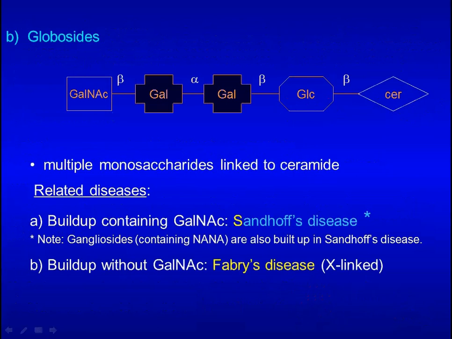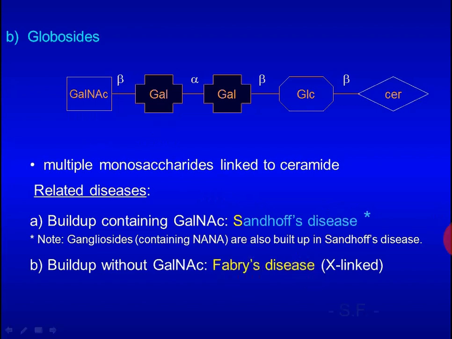Attaching additional monosaccharides to glucocerebrosides gives rise to globosides. Buildup of a globoside containing an amino sugar, N-acetyl-galactosamine, is related to Sandhoff's disease. Buildup of a globoside without amino sugar is related to Fabry's disease.